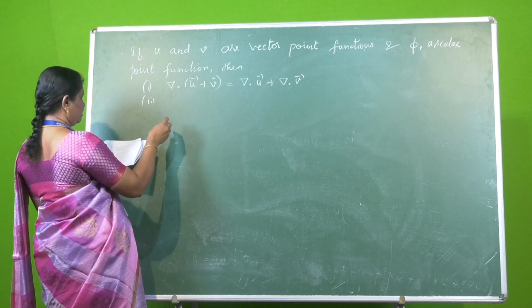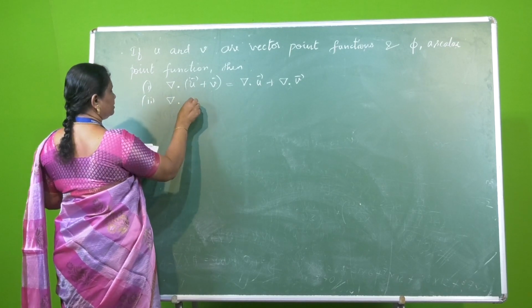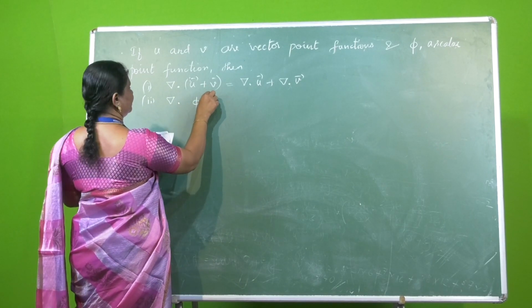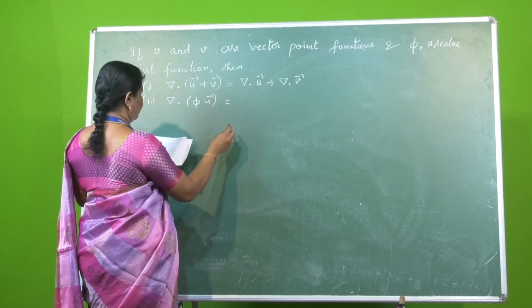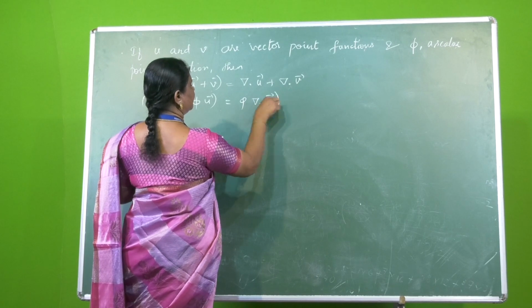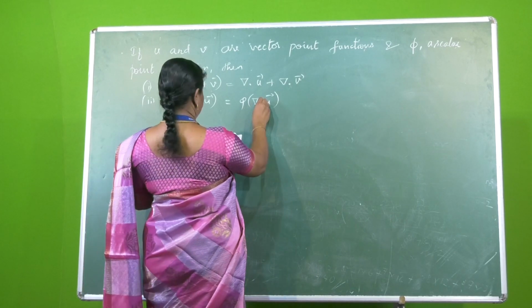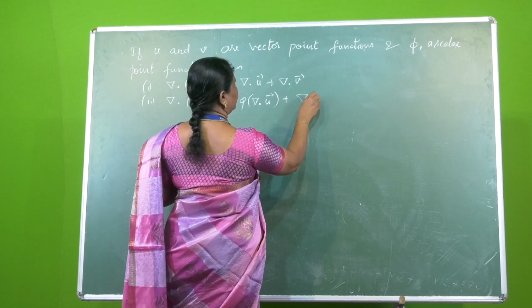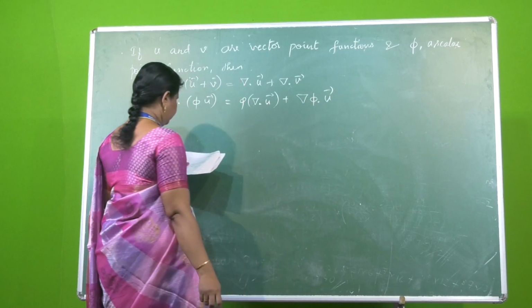The second formula, del dot phi u vector is equal to phi del dot u vector plus del phi dot u vector.